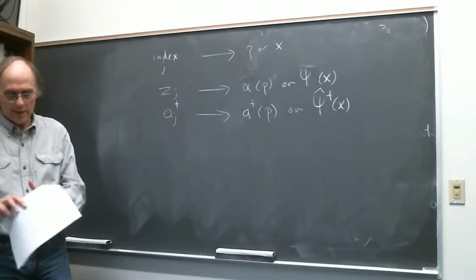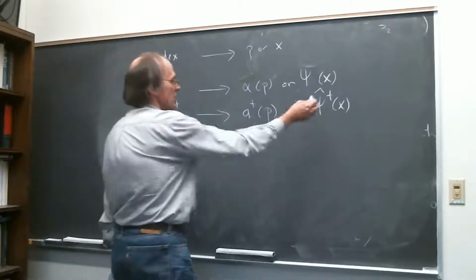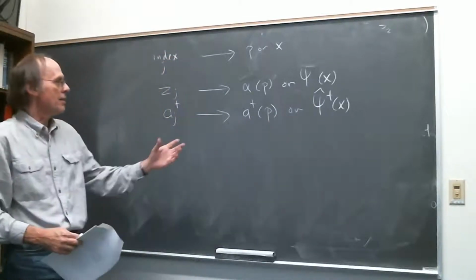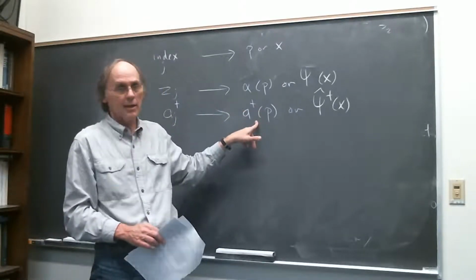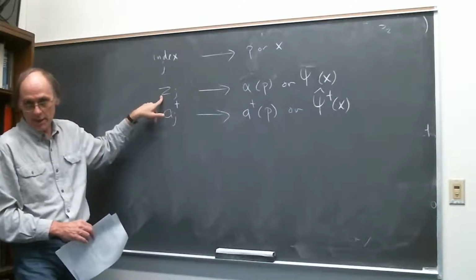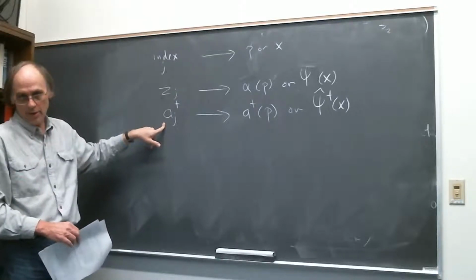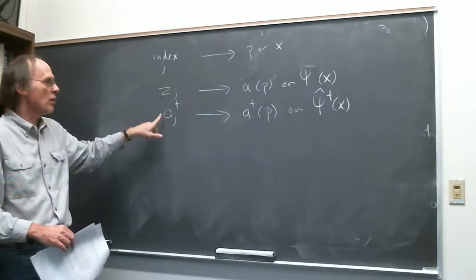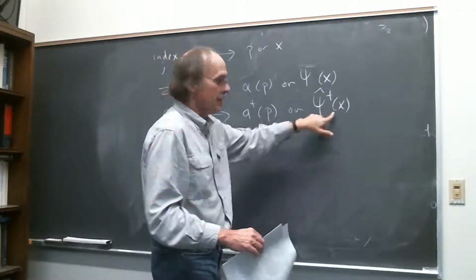So what we're going to be doing, continuing, is writing down the analog of the formulas we had before, which gave quadratic things in these operators. We want to write down quadratic things in these guys.